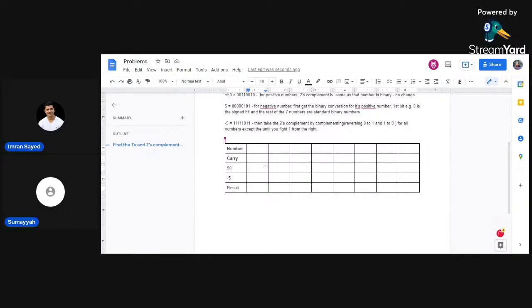Okay. 50 or 0, 0. -5 is this is the sign.